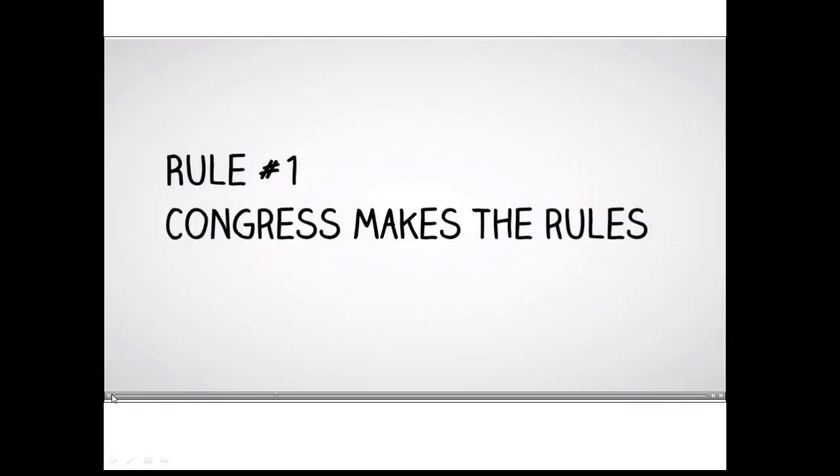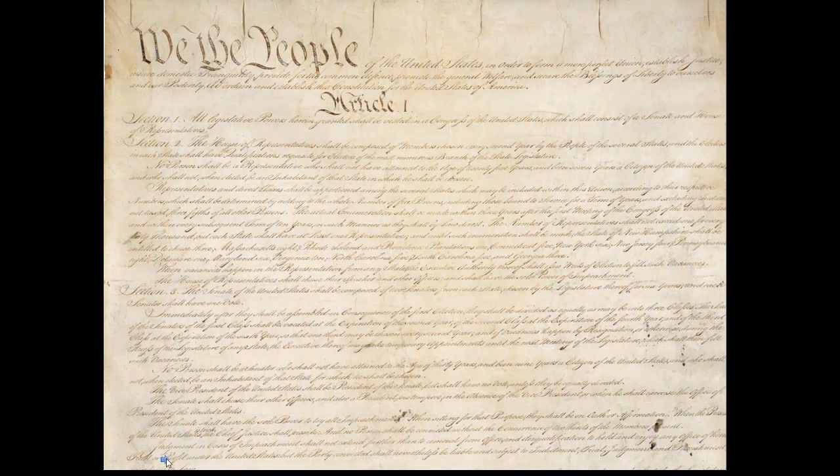Rule number 1, Congress makes the rules. We have to start somewhere, so we go back to the beginning. All the rules begin, of course, with the Constitution. Our high school government classes taught us that our Constitution created 3 branches of government with specific roles.